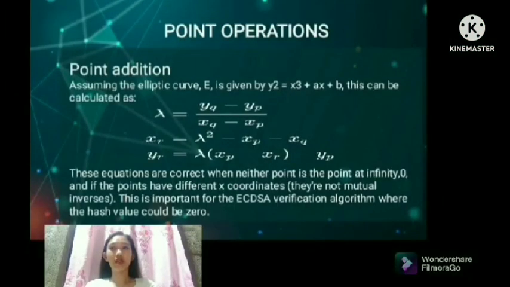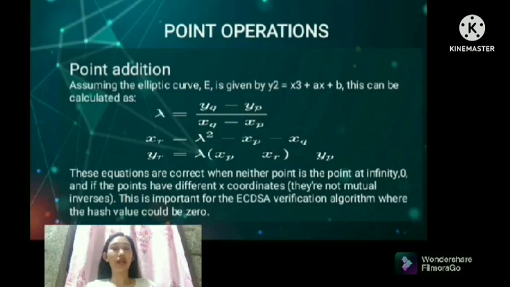Point operations. Assuming the elliptic curve is given by y² = x³ + ax + b, this can be calculated as t = (yQ − yP)/(xQ − xP), xR = t² − xP − xQ, yR = t(xP − xR) − yP.